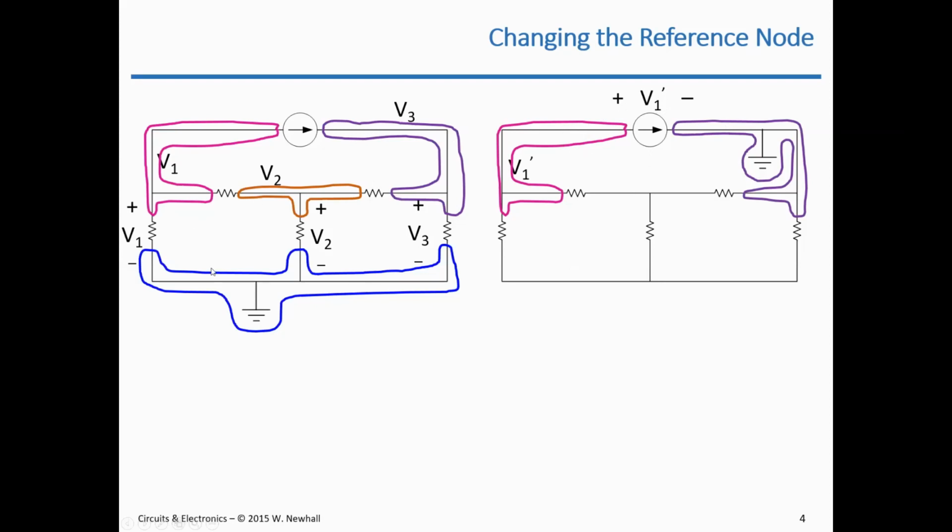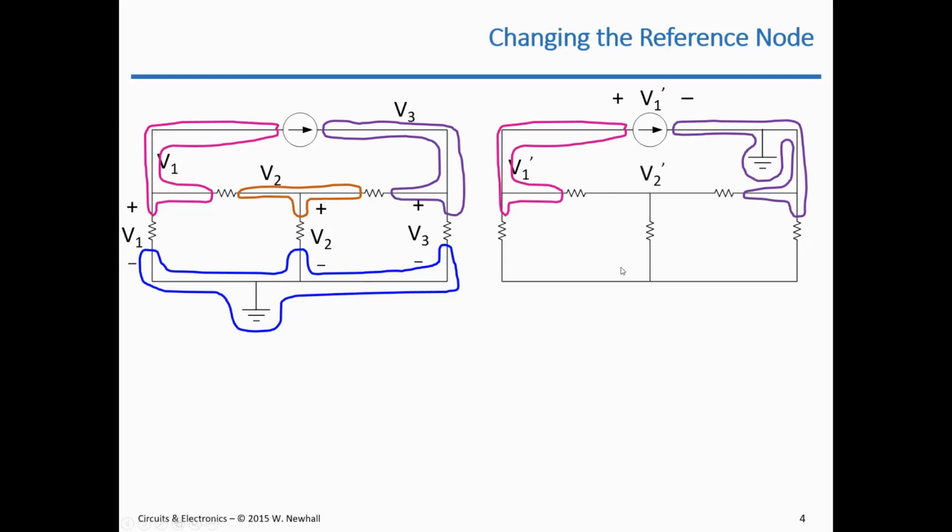On the left, when I had the reference node at the bottom, V1 was across a resistor. If I change the reference node, even though V1 prime is at the same node as V1 was, I've changed the reference, so you're actually defining a voltage at a different place in the circuit.